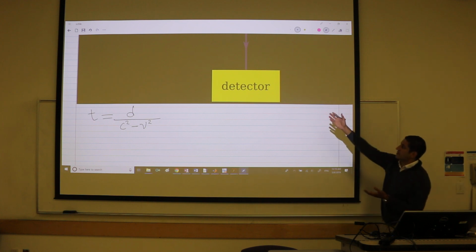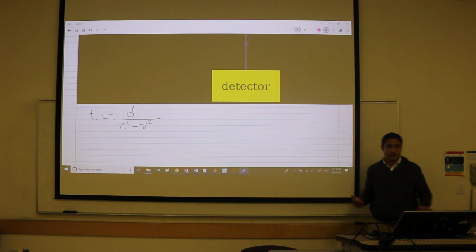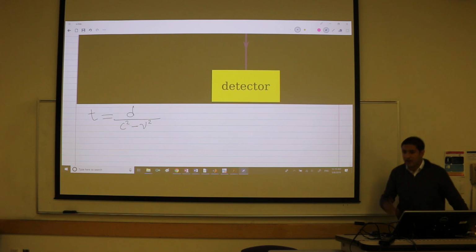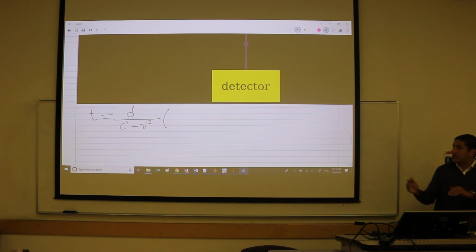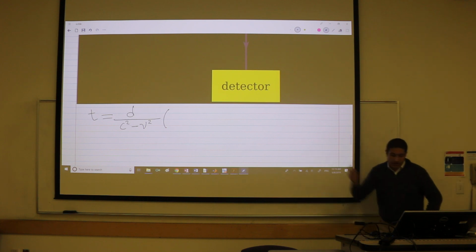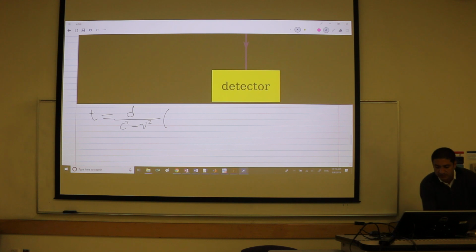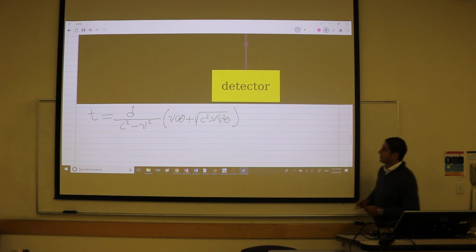What's the source? This is on Earth, and the Earth is moving at 100,000 kilometers per hour. So the Earth is naturally moving, your source is moving. It depends on how aligned, according to the wave theory, the velocity of the source and the velocity of the wave are. So this is like v cosine theta plus something like c squared minus v squared sine squared theta. These details are not very important.